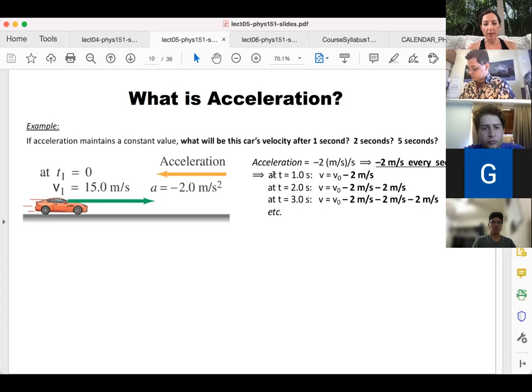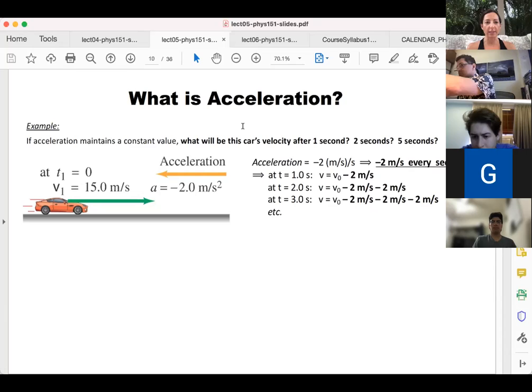You can just calculate it in this way: at time 1 second, I have V naught, the original velocity, minus 2 meters per second, because I'm applying this deceleration. After 2 seconds, I apply minus 2 meters per second again. After 3 seconds, it comes out the same.